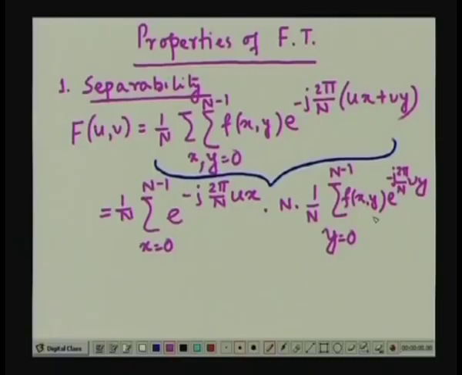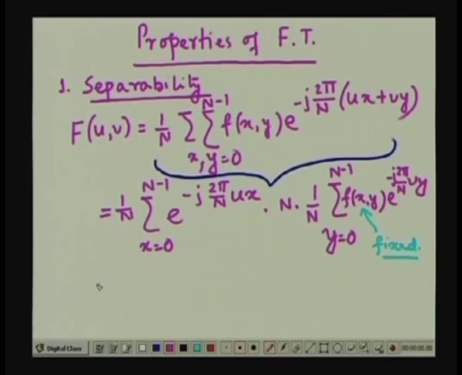So, for a fixed value of x, f(x,y) represents a particular row of the image, which is nothing but a one dimensional signal. So, what we are doing is transforming the rows of the image, for different values of x.